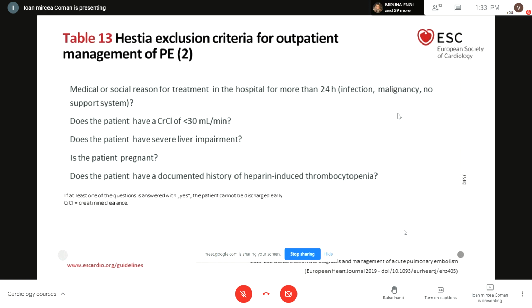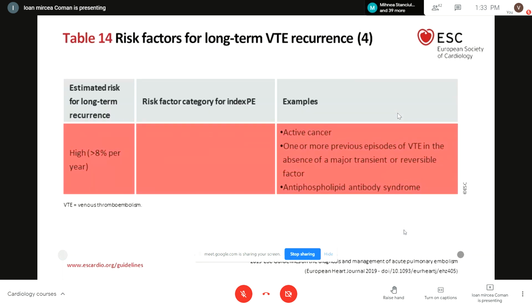In all these conditions, you should not discharge the patient early. You should maintain him in hospital because he is still at risk.